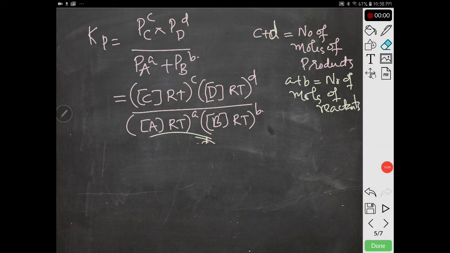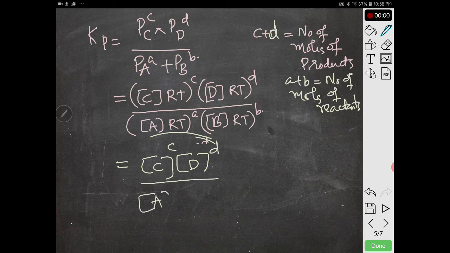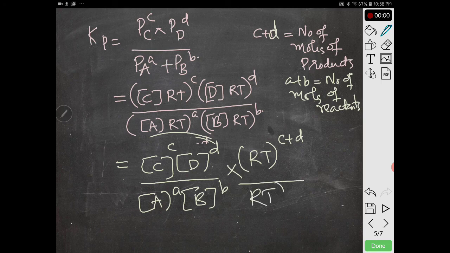So please understand. You can reduce this like this: molar concentration of C raised to c into molar concentration of D raised to d, divided by molar concentration of A raised to a into molar concentration of B raised to b, into, I am taking the other part, RT raised to c plus d divided by RT raised to a plus b.